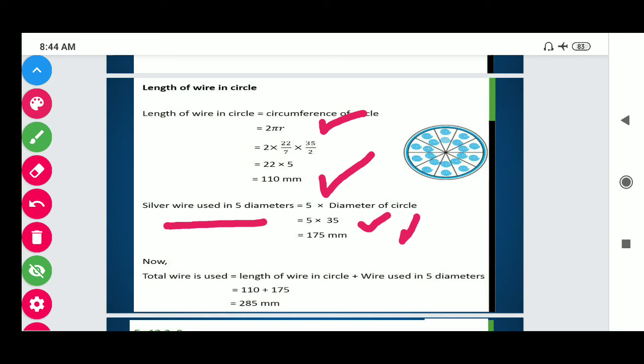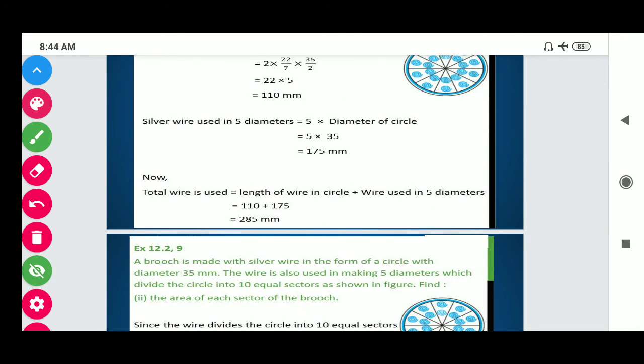So in the 5 diameters we used 175 mm. Now the total wire used is equal to the length of wire in the circle plus the wire used in 5 diameters. That is 110 plus 175 is equal to 285 mm.